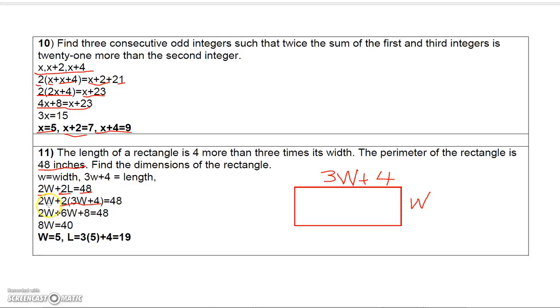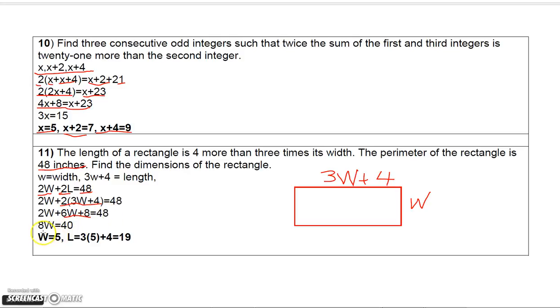So if I distribute the 2, I get 6w plus 8 there, and then 2w plus 6w is 8w, and then over here I get 48, right? So notice I subtracted 8 from 48, and that's how I got the 40, because there's an 8 over here, and I had to get rid of it.